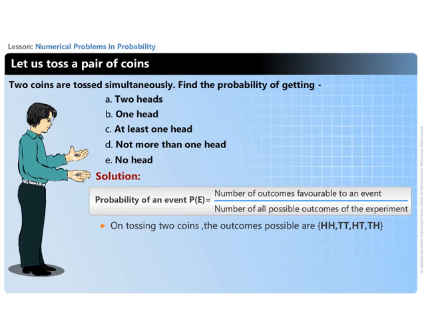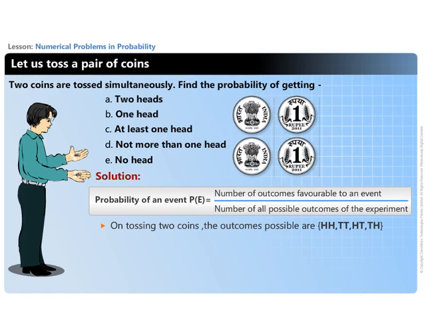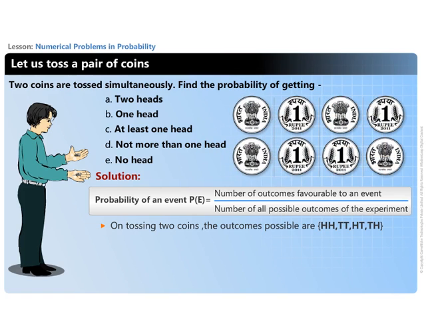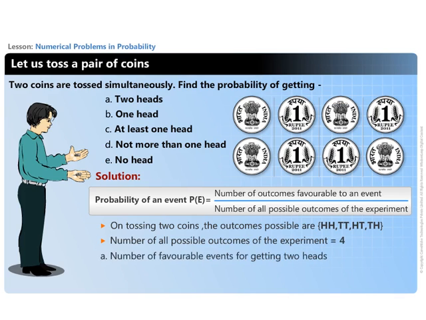On tossing the 2 coins, the possible outcomes are HH, TT, HT, TH. So, the number of all possible outcomes of the experiment is equal to 4. And the number of favorable events for getting 2 heads is equal to 1.